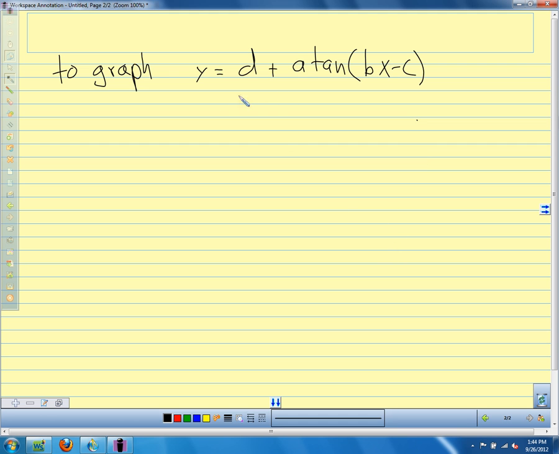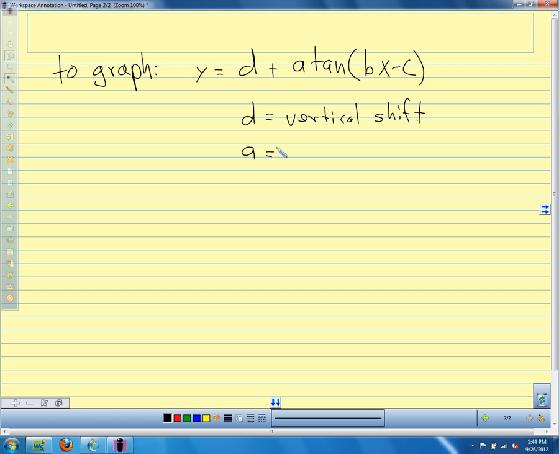When we have our function written like this, d is our vertical shift. So d is going to shift the tangent function up or down. A, because of the vertical asymptotes, the tangent function doesn't really have an amplitude.